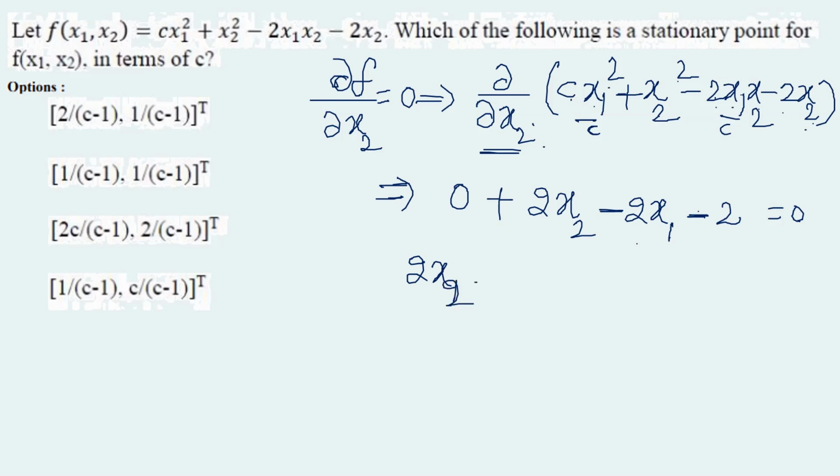The equation reduces to 2x2 minus 2x1 equals 2. Rewriting this as 2x1 minus 2x2 equals minus 2. We obtain this by multiplying both sides by minus 1. Let's assume this as equation 2.